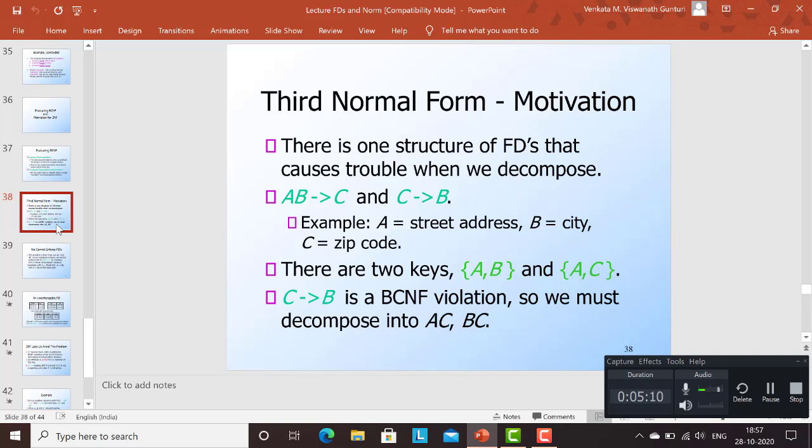Okay. So let's see what kind of FDs do not translate downwards in BCNF, right? So the example being that, let's say you have a relation ABC and you have these two FDs, AB implies C and then C implies B, right? So if you want a real life example, the textbook author took the case of US street addresses, right?